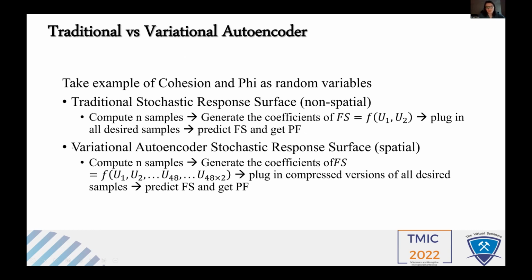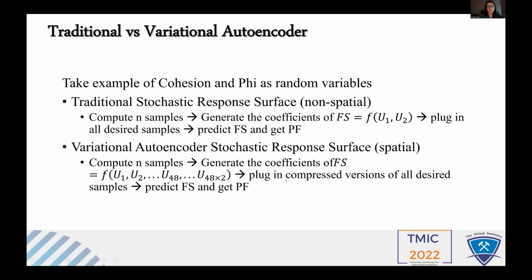Meanwhile, with the variational autoencoder method, you start with computing your n representative samples. Then you generate the coefficients of the factor of safety function. And in this case, if cohesion and friction angle are random variables, it will have 48 times 2 parameters.